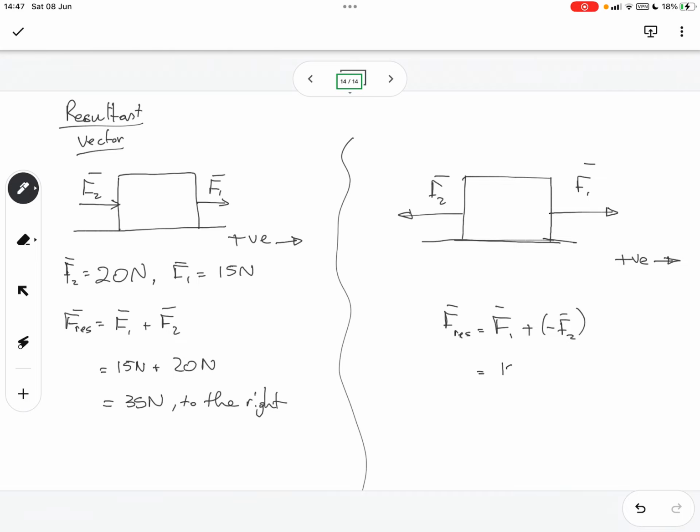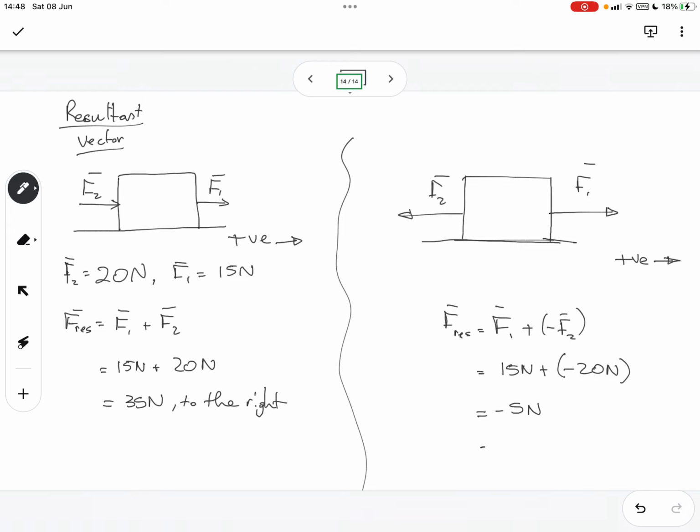When we substitute, F1 is 15 Newton and F2 is 20 Newton, and the sum is 35 Newton to the right.